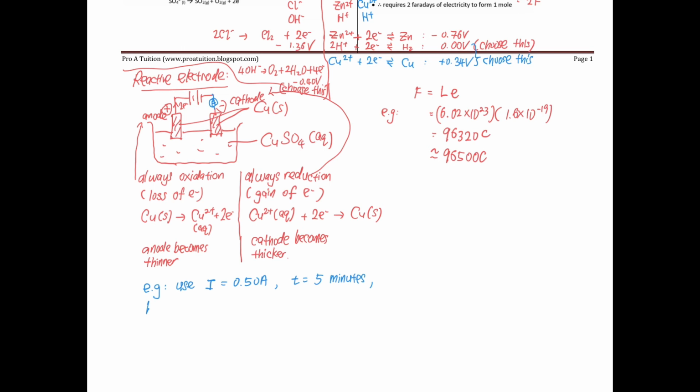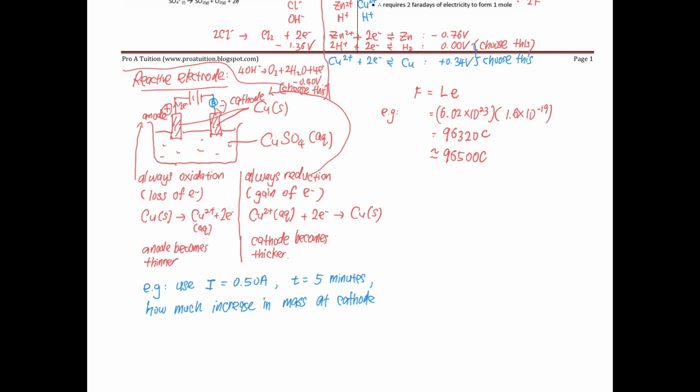From our discussion just now, I said cathode becomes thicker. So I want to know how much increase in mass at cathode. I want to see how much increase in mass at cathode.